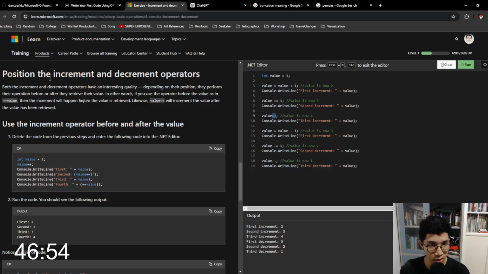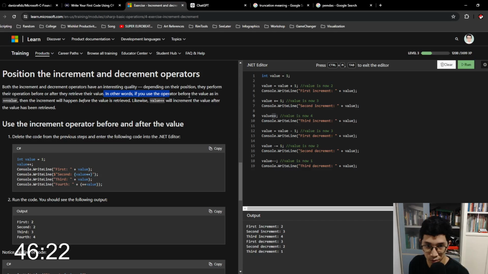Okay, position the increment and decrement operator. Both the increment and decrement operators have an interesting quality. Depending on their position, they perform their operation before or after they retrieve their value. In other words, position is the keyword. Is the increment on the left or on the right side?